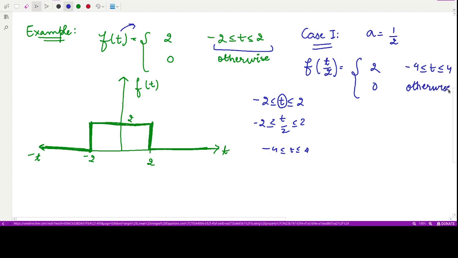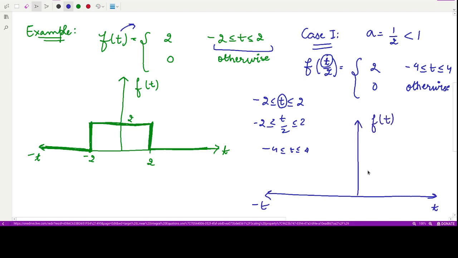So this is your expanded function when you multiply this given t by 1 by 2, which is less than 1, right? Your function would now look like this. This is t, this is the function's axis over here, and the value here is 2, here it is -4, and here it is 4.